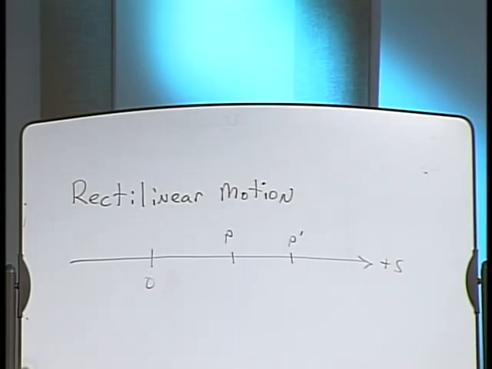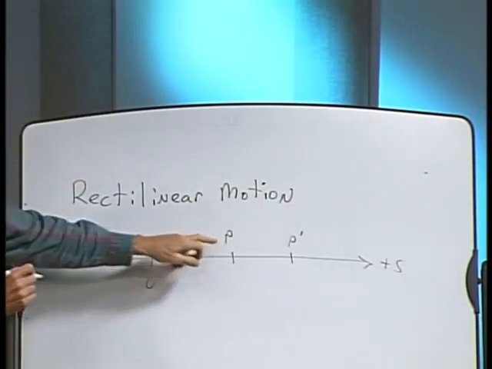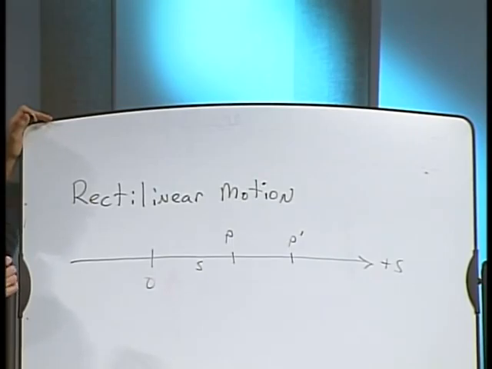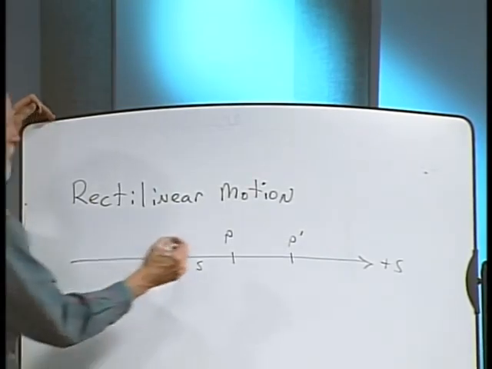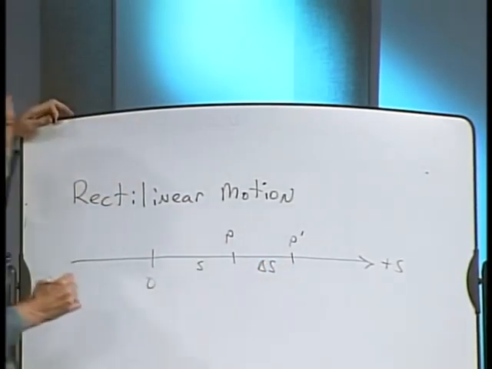You can see that this position of point P happens to be at some position S on the path. And then if the object has moved from P to P prime, it has traveled some change in S.